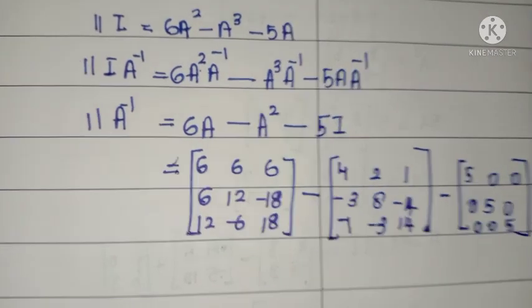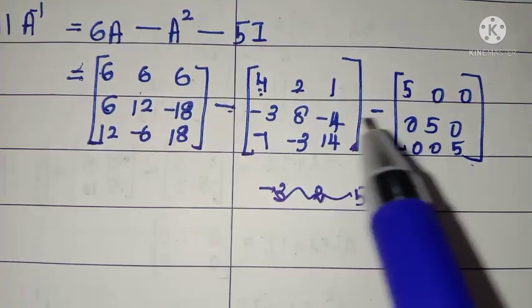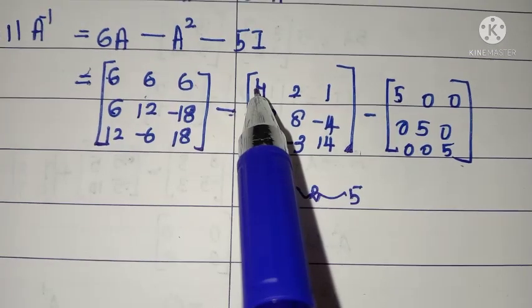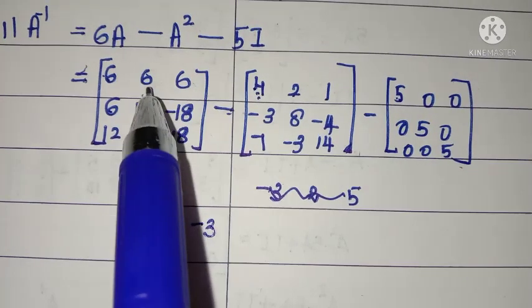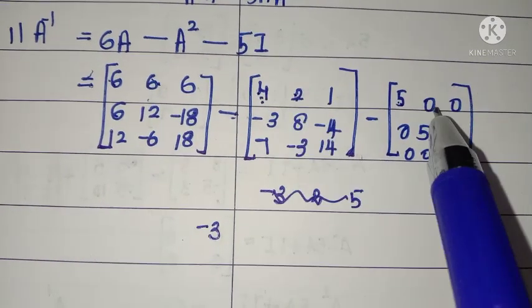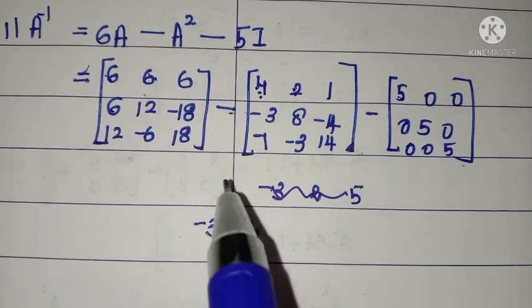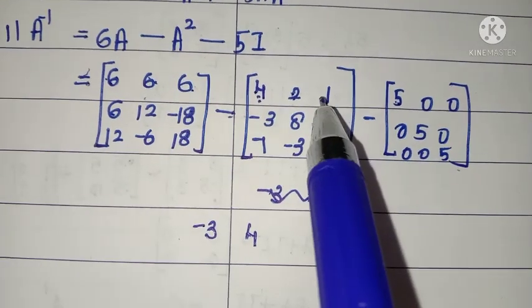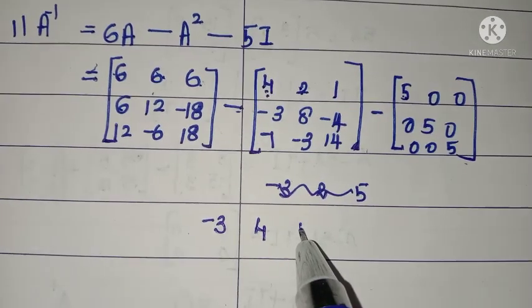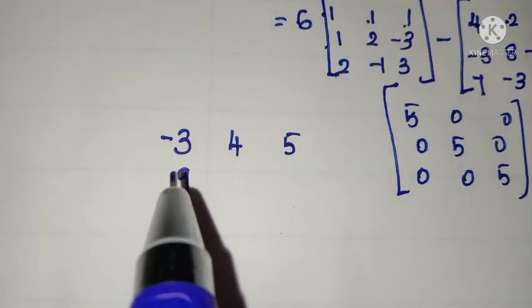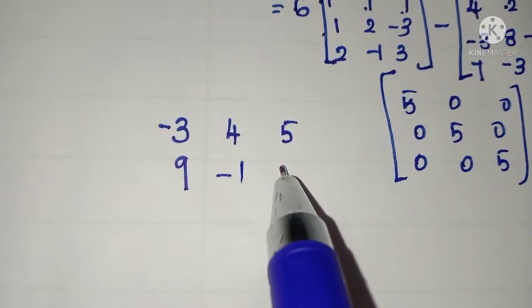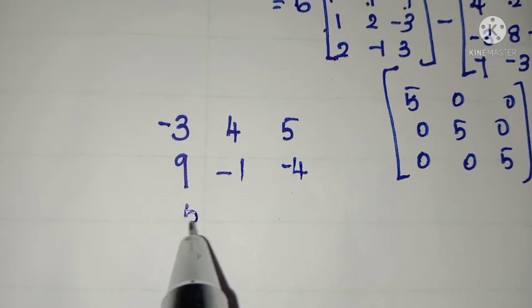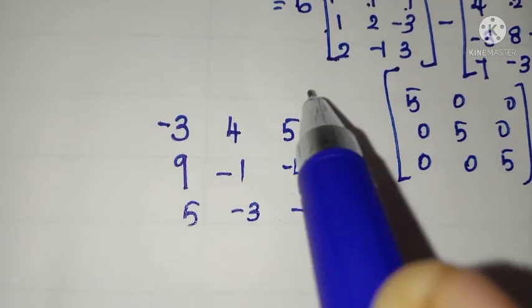Now operate these three matrices. 6 minus 4, 2; 2 minus 5, minus 3; 6 minus 2, 4; 4 minus 0, 4; 6 minus 1, 5; 5 minus 0, 5. Similarly, we can write the other entries: 9, minus 1, minus 4, 5, minus 3, minus 1.